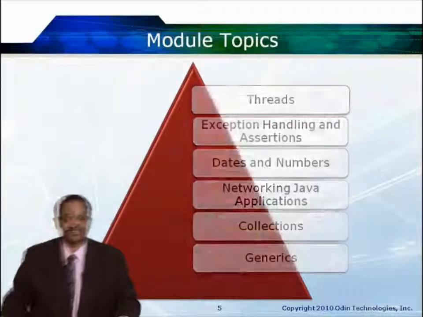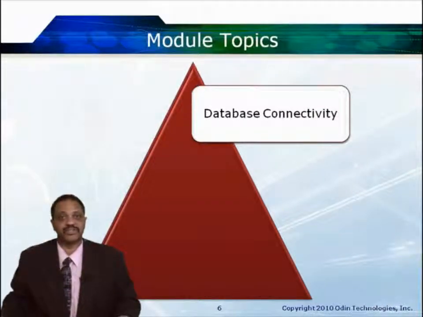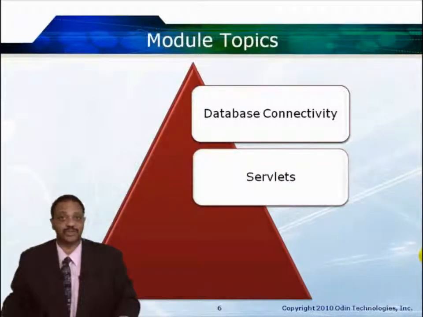Continuing with our list of module topics, we're going to talk about database connectivity, show how the JDBC technology has been improved in Java 6, and introduce you to the integrated Derby database. Then we'll conclude with our discussions of servlets, how we extend Java's technology into web servers by building mini applications that utilize the HTTP technology to extend web servers.